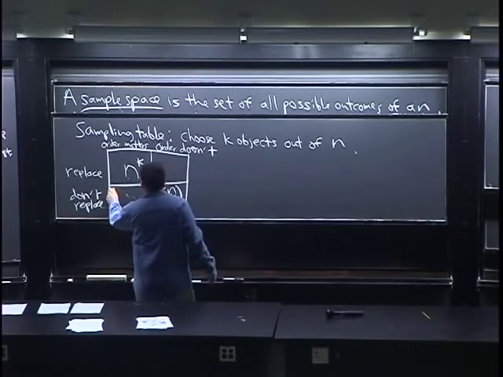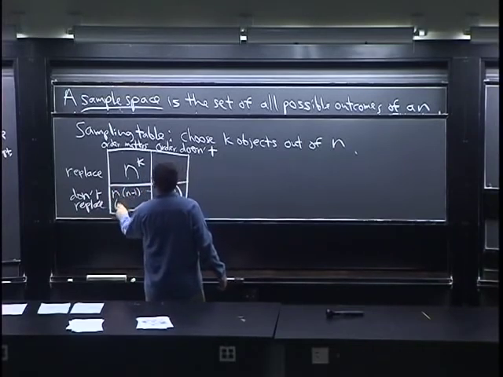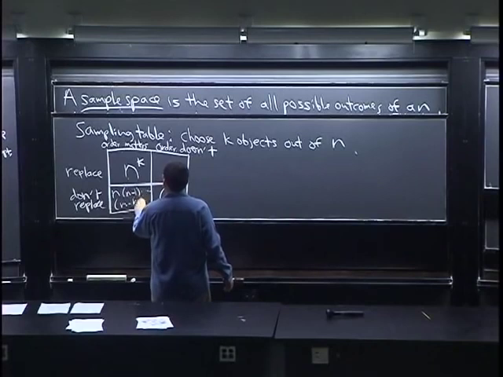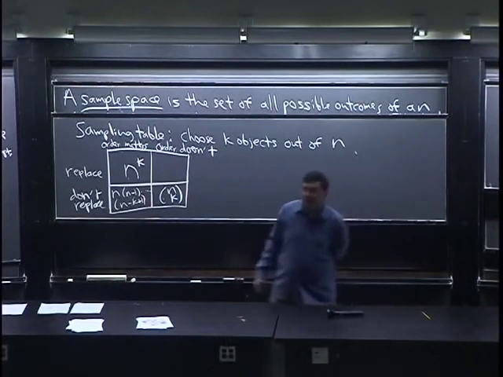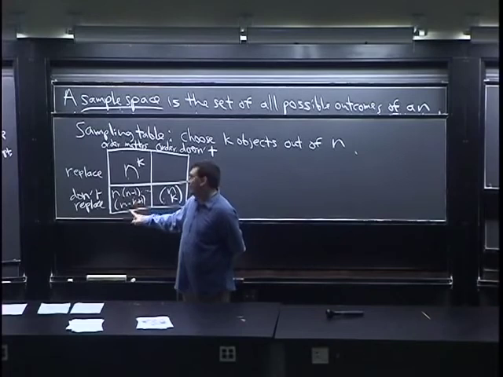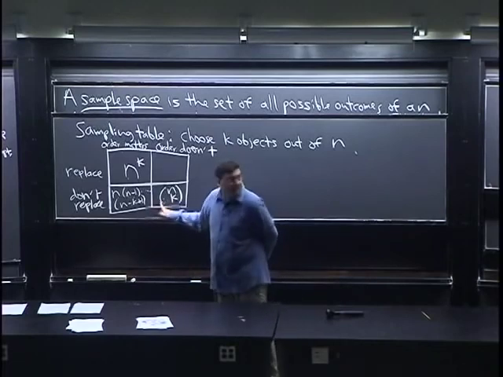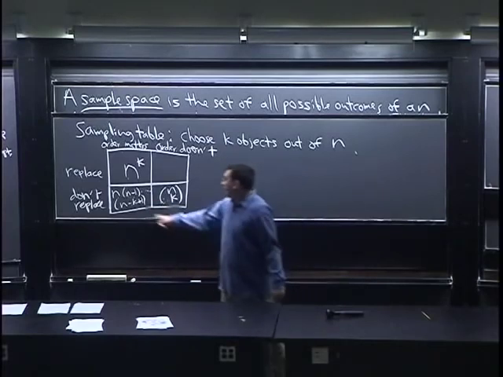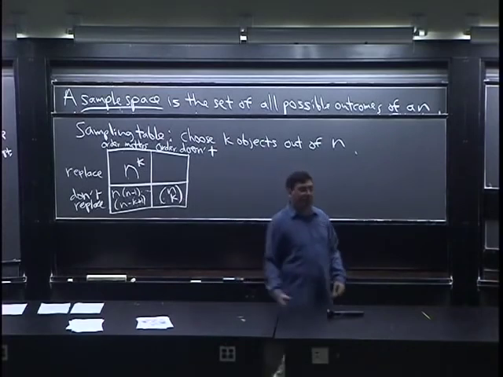Well, I didn't write it yet, but it's n times n minus 1, and so on, all the way down to n minus k plus 1, because there's n choices for the first person, and then since I'm not replacing that person, there's n minus 1 choices, and so on, until we get to n minus k plus 1. Now, this is closely connected to this, as we just showed on that board. If you take this thing and divide by k factorial, you'll get this, okay? And you should think about why that makes sense.